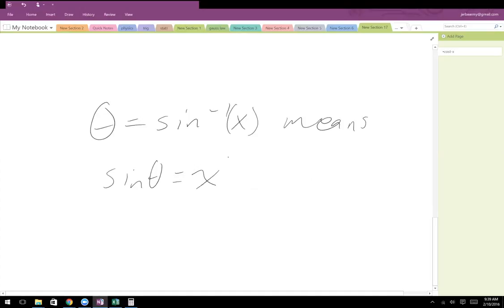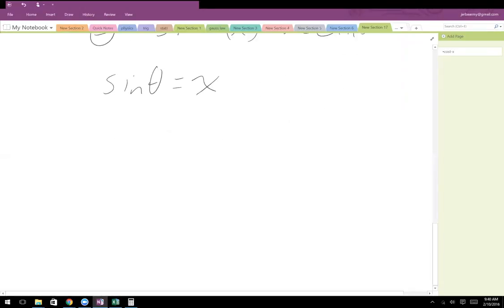So if I want to plug an x into inverse sine, that x has to be sine of something. When you do sine of something, what sort of numbers do you get out? All real numbers?